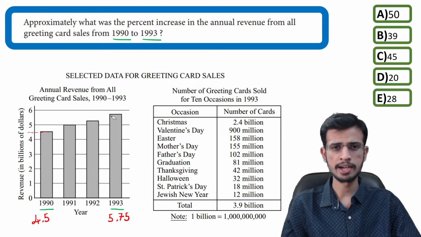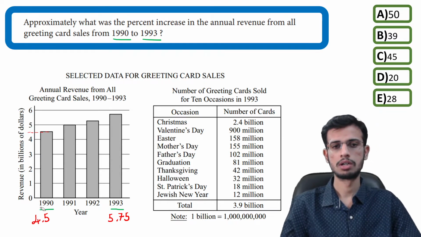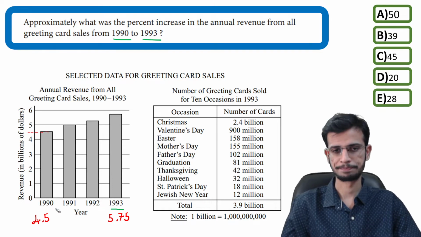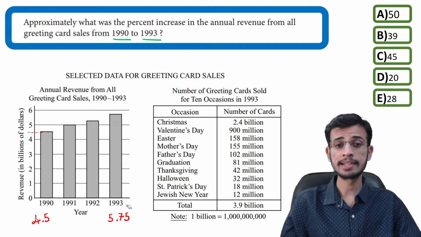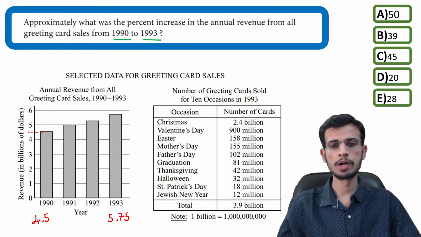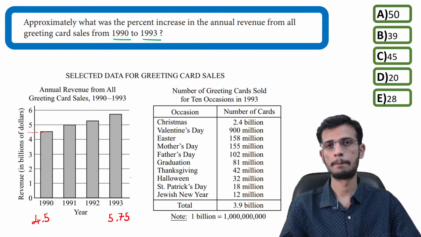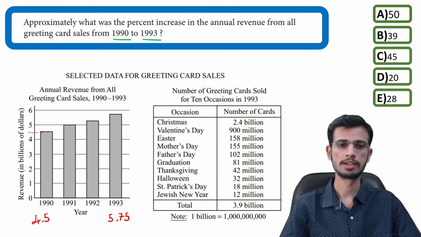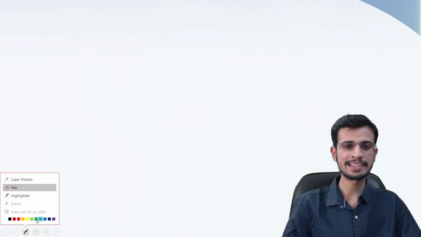So you have to get the answer, and from the graph we are able to take this as an interpretation. So what is the percentage increment? There is an increment of, we can say, 1.25 billion dollars. You have to find the percentage. What is the percentage increase?